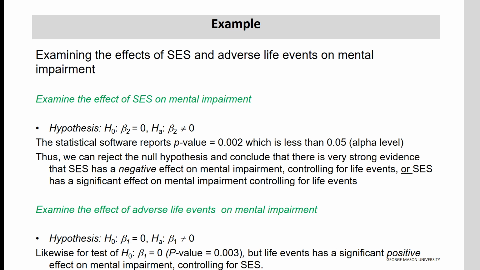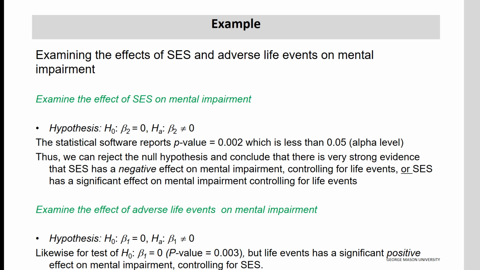When we test this hypothesis, we obtain a p-value of 0.003, which again is much less than 0.05, indicating that life events has a significant effect on mental impairment. And specifically, this is a positive effect, since we already know that the regression coefficient for this particular variable was positive. Now, we can say that life events has a significant positive effect on mental impairment, controlling for SES.